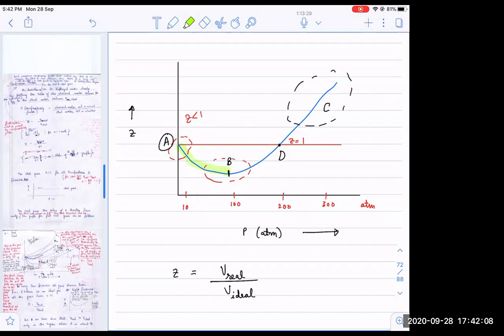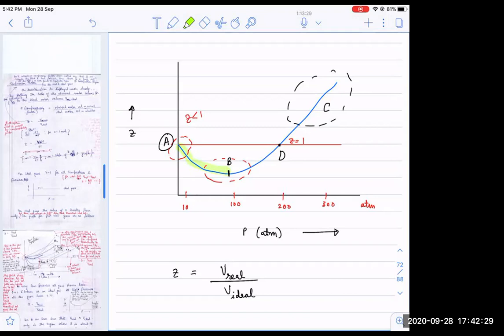Why is it happening? It is happening because real gases have A, the van der Waals constant A. These are attractive forces.